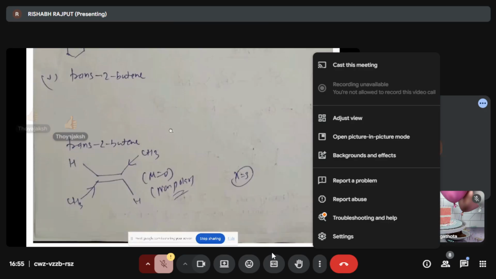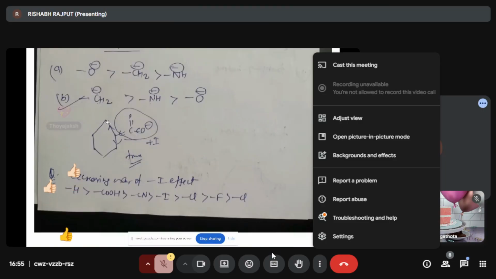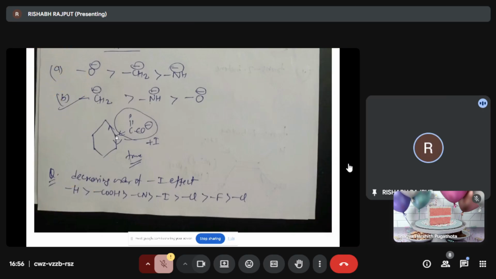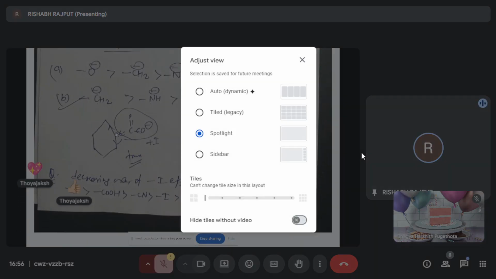So in this cyclohexane, every carbon is a 2 degree carbon. Only the carbon connected with the extra carbon group is 3 degree, since it is connected with three carbons, and the remaining carbons are connected to only two carbons, so they are 2 degree only.